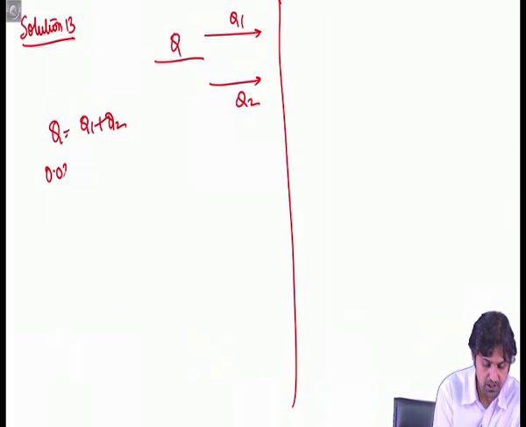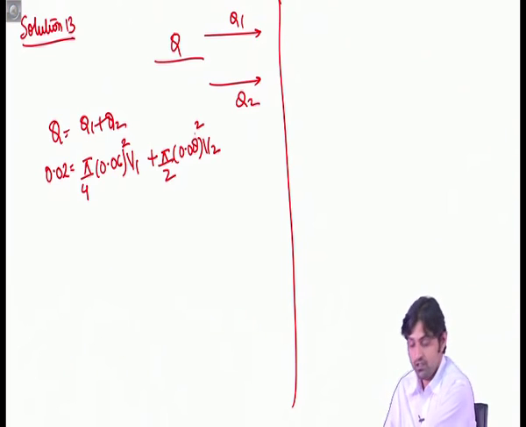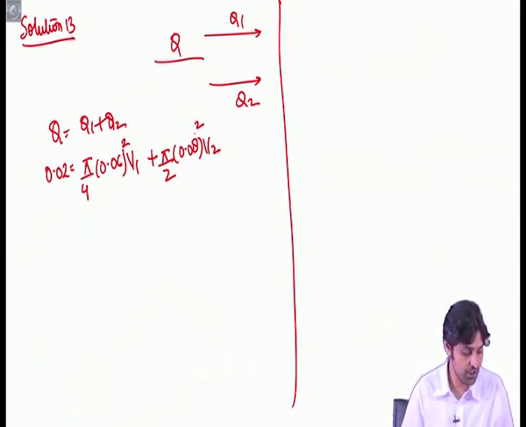So, total discharge is 0.02, and we know the areas, pi by 4 into 0.06 squared. Let us say velocity is V1 here, and in the pipe 2 it is V2, pi by 4 into 0.08 squared V2. All right. So, this is the continuity equation for discharge.